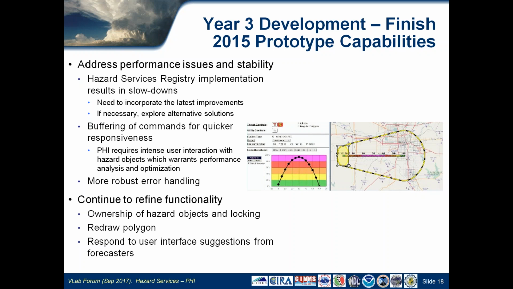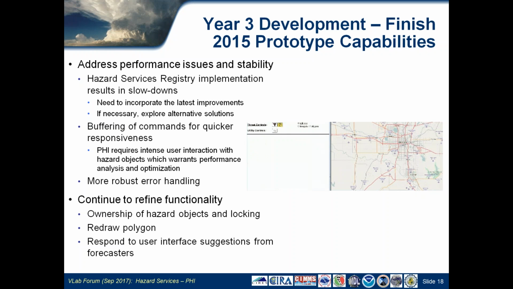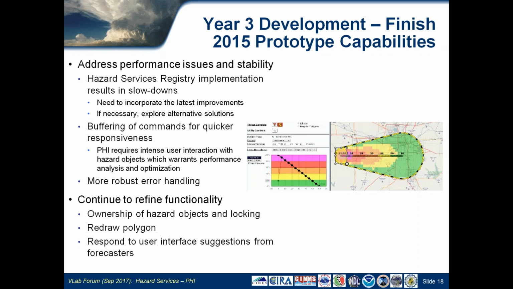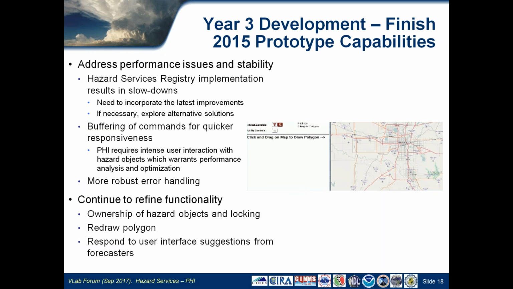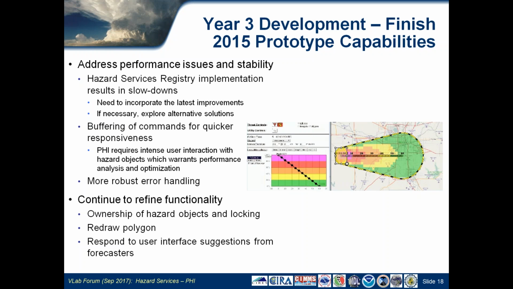Here's just a list of some of the things that we're going to do to try to address those performance issues. And then, of course, continue to refine functionality. Ownership of hazard objects and locking, as we just discussed, to facilitate collaboration will be a big focus of this year, in addition to the performance improvements that we'll try to make.